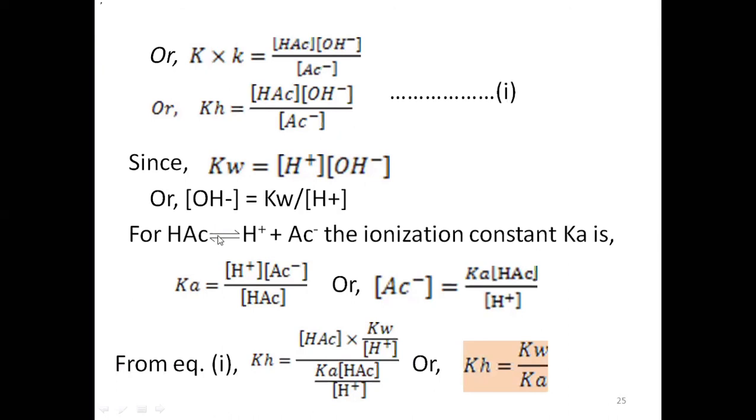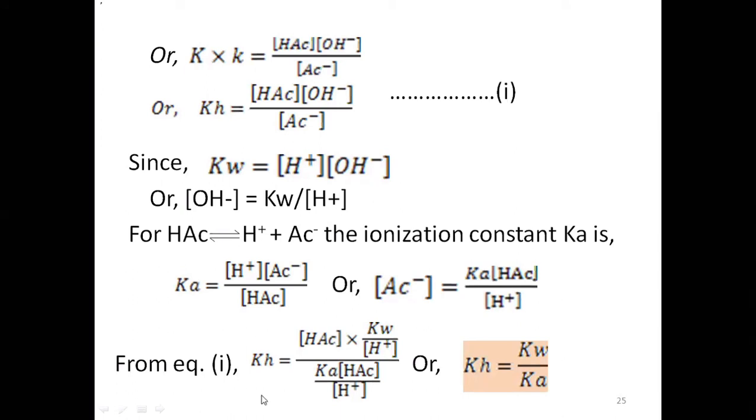And again, when acetic acid is dissociated in water, it gives proton ion and acetate ion, Ka equal to proton ion into acetate ion divided by acetic acid, or acetate ion equal to Ka into acetic acid divided by proton.